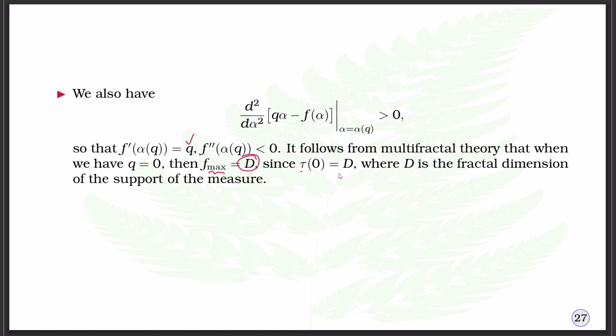Since τ(0) equals D, where D is the fractal dimension of the support of the measure, and f''(α_q) is less than 0, we can say that the multifractal spectrum f(α) is always a concave function. If you draw the graph of α against f(α), it will increase and reach the maximum, which appears when q equals 0, that means τ(q) equals 0.